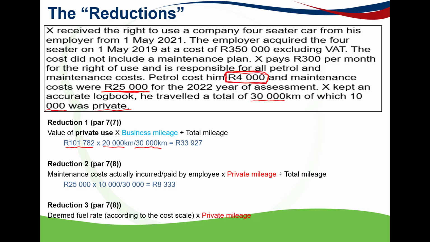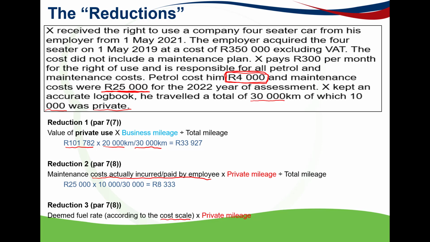8,333. The last deduction then would be reduction 3, and that reduction would be the fuel deduction, right? Why is that fuel deduction different from the maintenance cost deduction? The fuel deduction is based on the cost scale as opposed to the maintenance deduction, which is based on the actual cost that is incurred or paid by the employee.